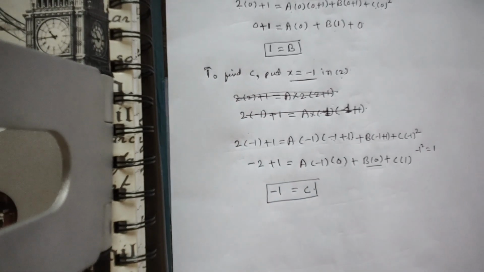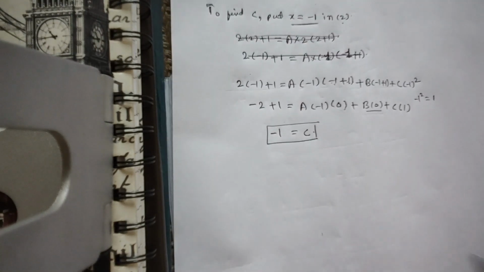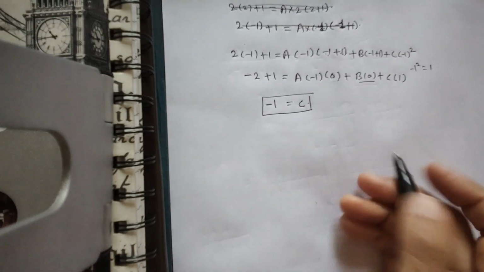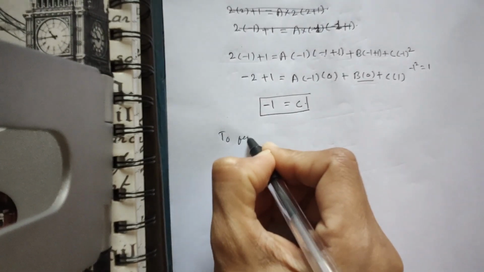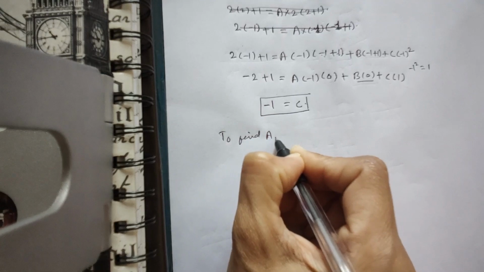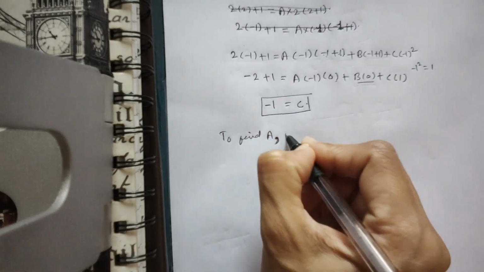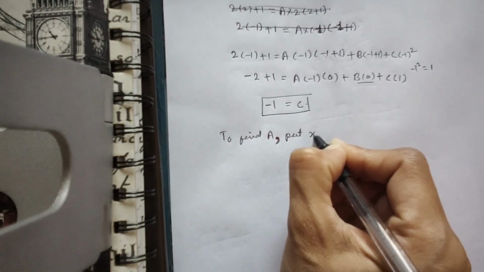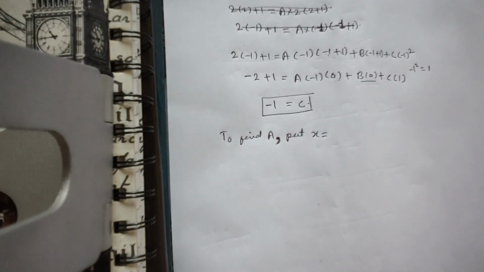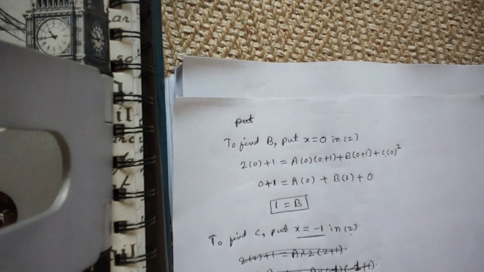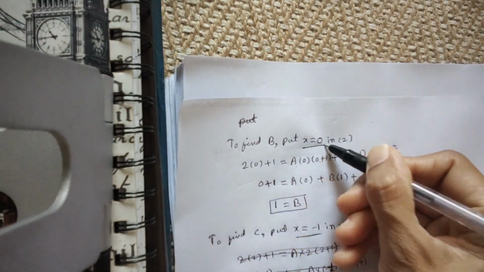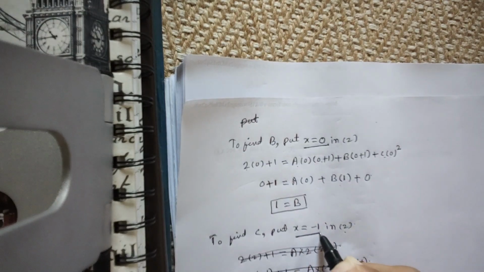Now, to find a, only one constant is remaining, which is a. I have shown you a trick: put any value of x that you have never used before. Value x equal to 0 I have used and x equal to minus 1 I have used.